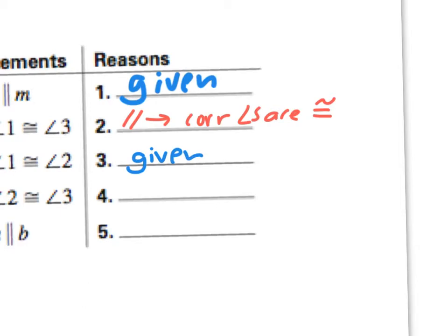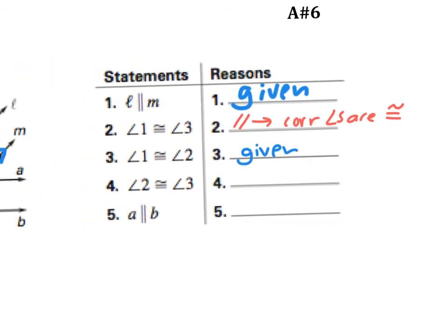So that's a context where I might write the given later on rather than just at the beginning, because now I'm going to use it. Because I figured out that 1 and 3 are congruent. I'm told 1 and 2 are congruent. Therefore, 2 and 3 have to be congruent because why, class? Transitive property. If you said substitution, that's fine, but transitive would be the most distinct answer here.